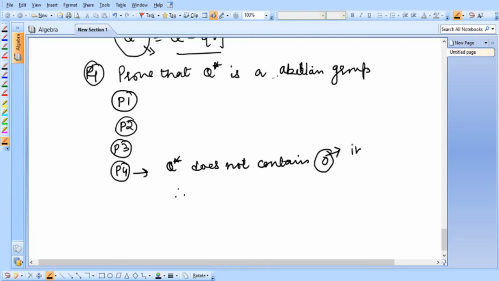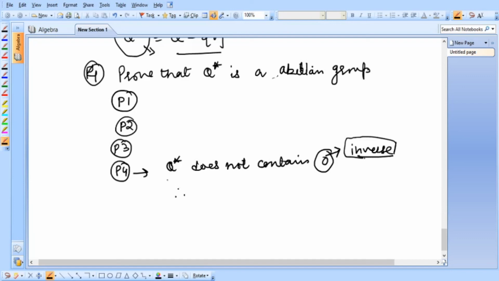Because the inverse of this element was not existing in the previous case, but since we have excluded 0 from the set, now there is no problem in other elements, because all the elements have an inverse in the rational numbers. Therefore the inverse of every element exists in this case, so we do not need to write that this is not a group. This is a group now.